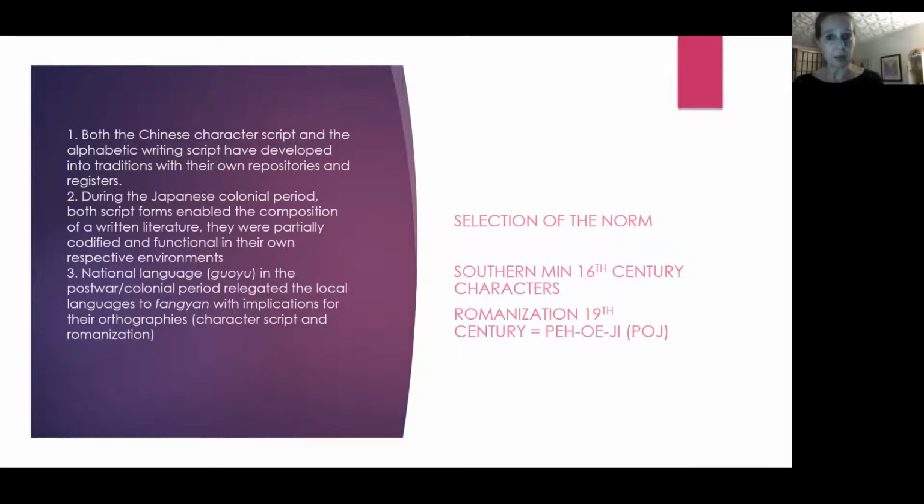We have to go back to the colonial period, but we even have to go earlier, because the language lovers, the language makers from the 20s and the 30s, the intellectuals, are very much concerned that we have to elevate our Taiwan culture. They actually went back to the regional literature that was written in Southern Min.